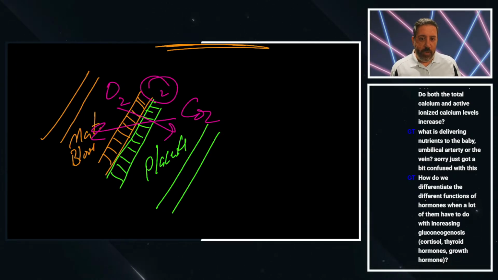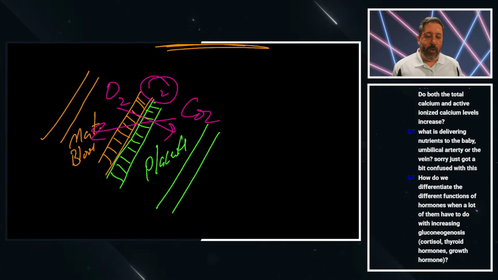Glucagon is a fasting hormone. It comes out when we're fasted. Why are we fasting? Because we haven't eaten any food, so there's no glucose coming into our body. Our body's going to need it somehow. Glucagon comes out and starts making glucose from other things.